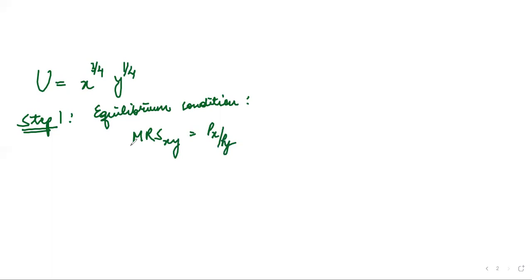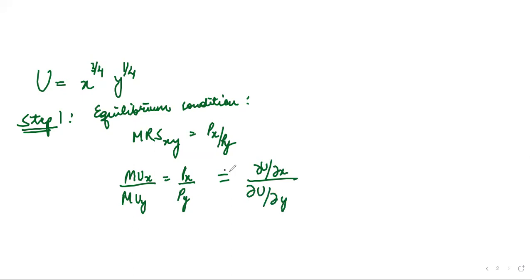MRS is found by saying MUX by MUY is equal to PX by PY. MUX is how utility changes when good X changes, MUY is how utility changes when good Y changes.